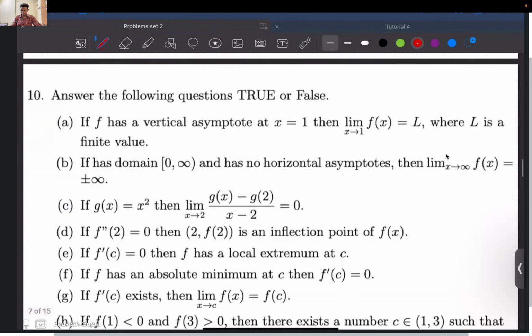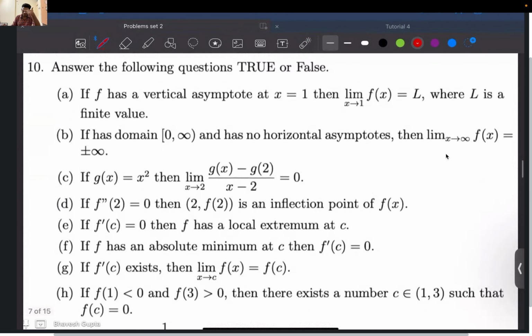Now let's get back to our problem sheet, and we will see question number 10, where again we have a true or false statement, and we'll try to justify whether it is true or false. The A part asks: if I have a function f(x) which has a vertical asymptote at x equal to 1.